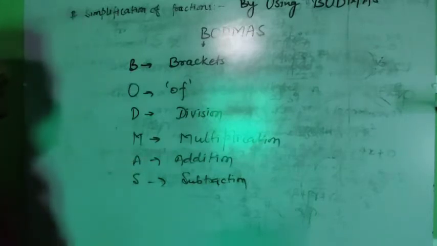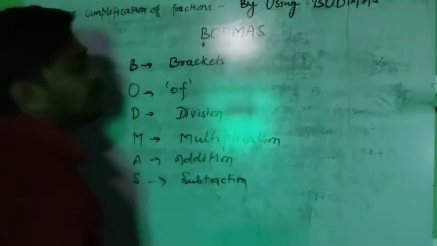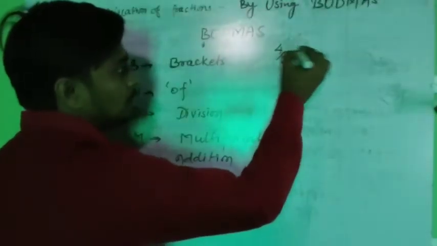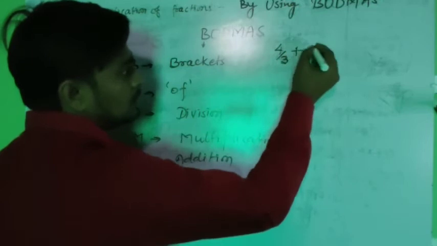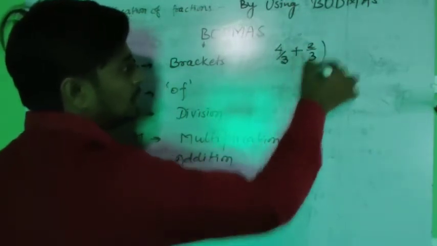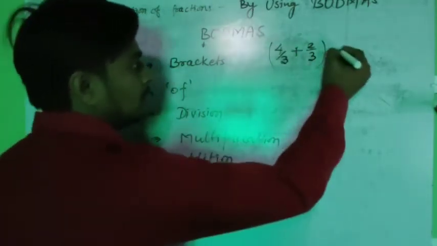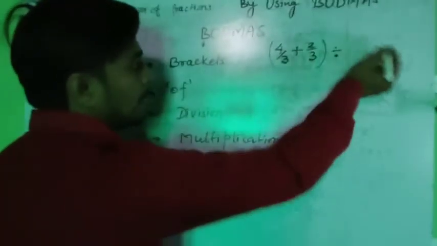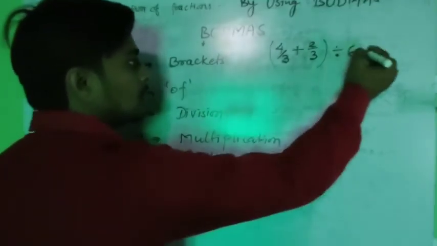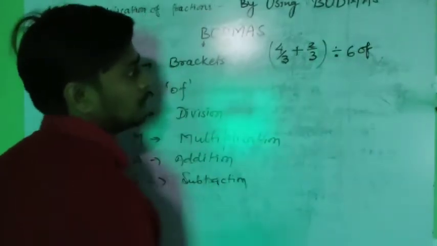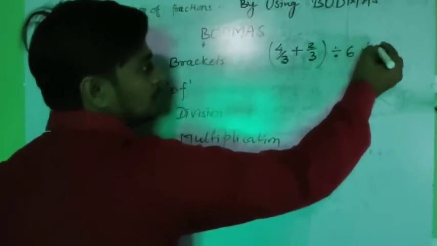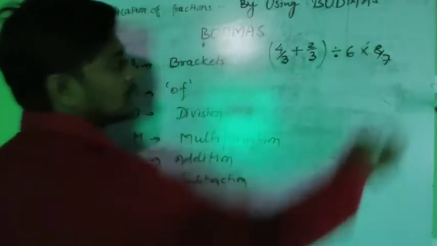So you can note it. Suppose we are taking one example: 4/3 plus, in bracket, 2/3, divided by 6 of 8/7.